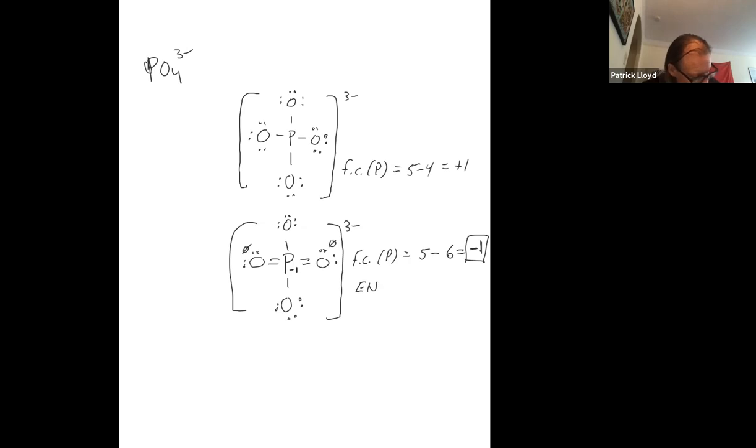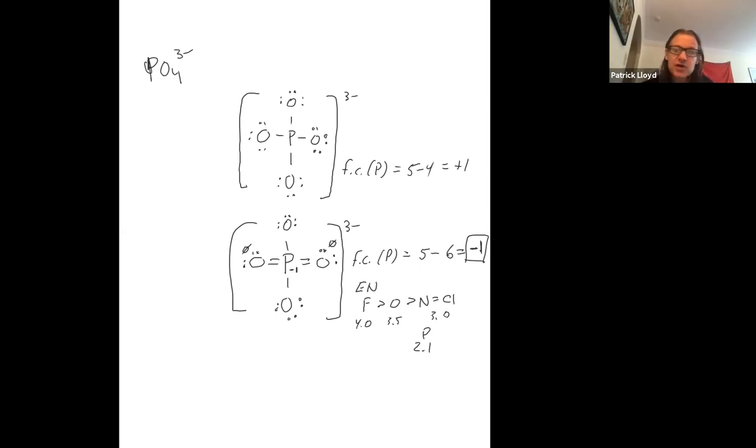That's a problem because the electronegativity goes in the following order. Fluorine is greater than oxygen, which is greater than nitrogen, which is equal to chlorine, right? Remember it was 4.0, 3.5, and then 3.0. But phosphorus is below nitrogen. It's actually like 2.1. So oxygen is much more electronegative than phosphorus is.